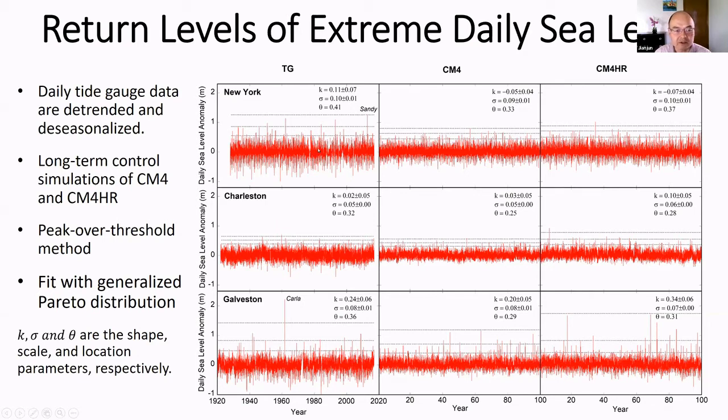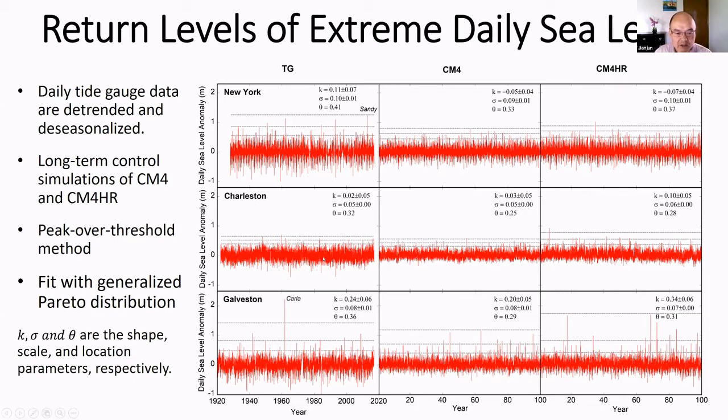This is because the tide gauge at New York is inside the New York harbor. This harbor is not resolved in CM4 and CM4 HR, and the tide surge can be amplified by the harbor dynamics. So this is part of the reason.